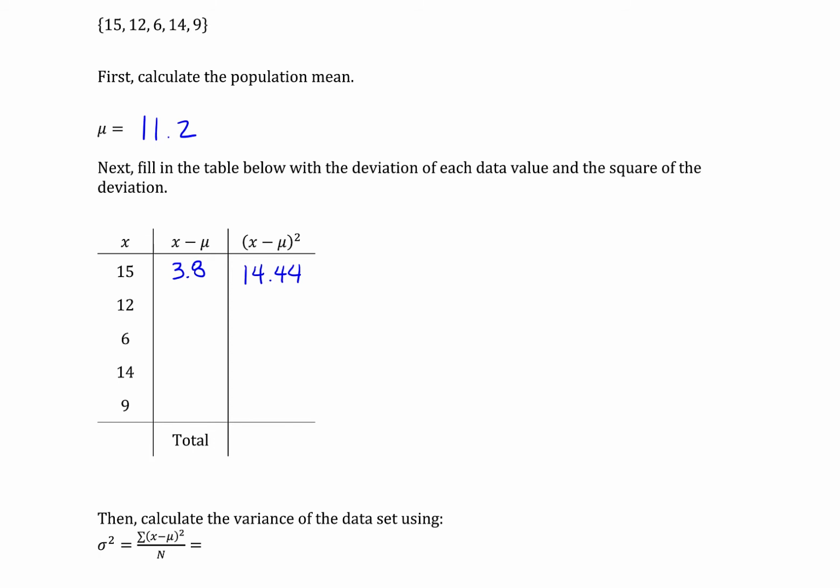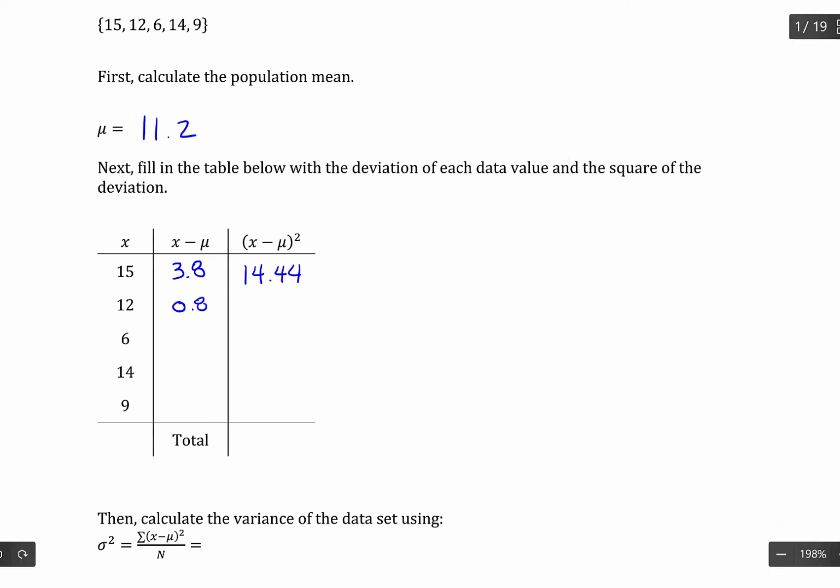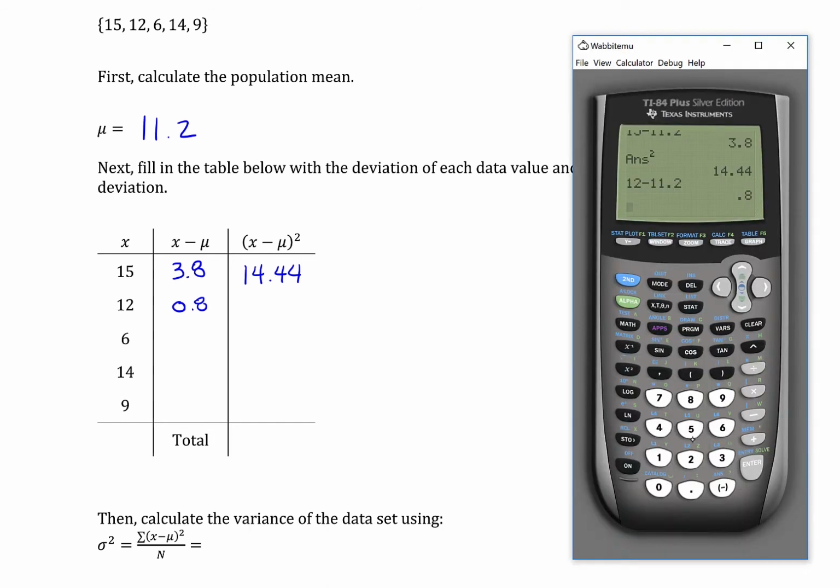Now, 12. If I take 12 and I measure its distance from the mean, then I would be taking 12 minus 11.2, which is 0.8. And then if I square that value, I get 0.64.